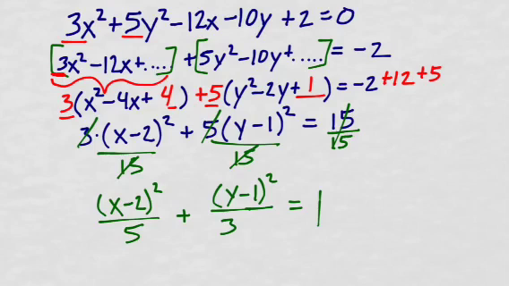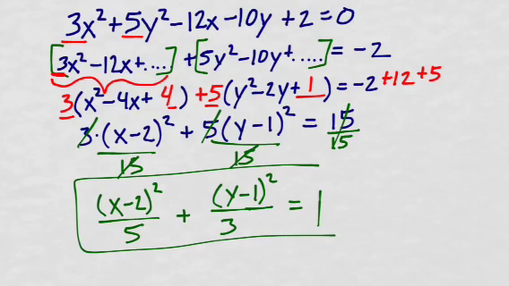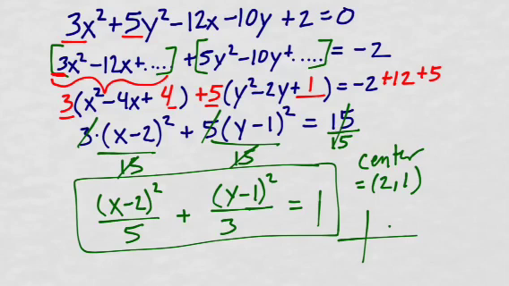So this is an ellipse. This is the form of an ellipse. If you remember our ellipse formula, it has a center at 2, 1, and so we find 2, 1, and the horizontal distance out is going to be the square root of the number 5.